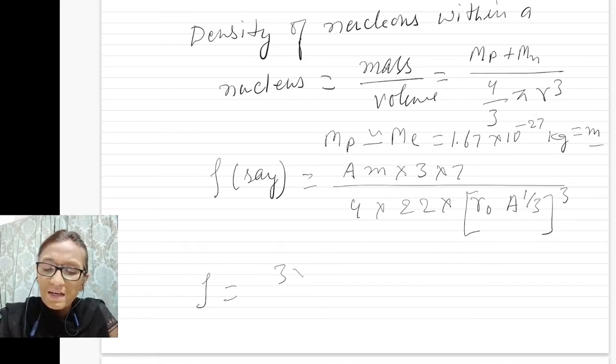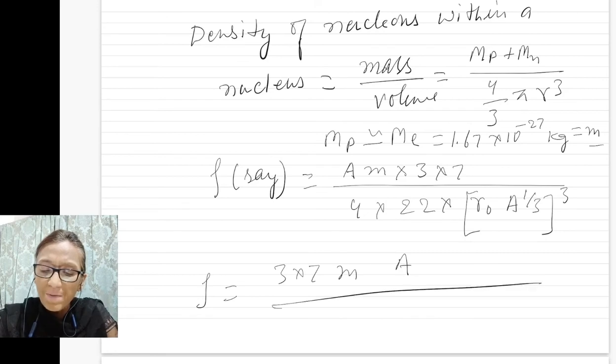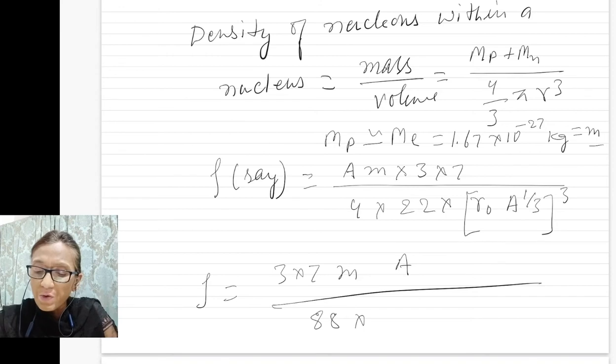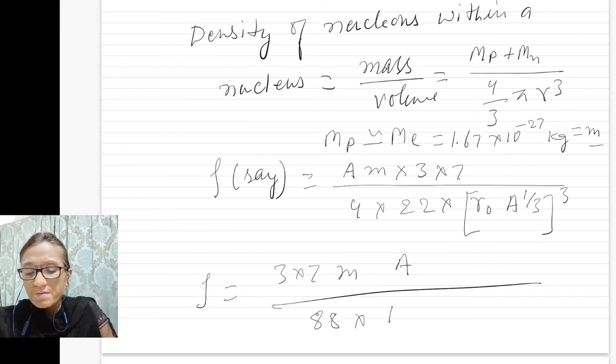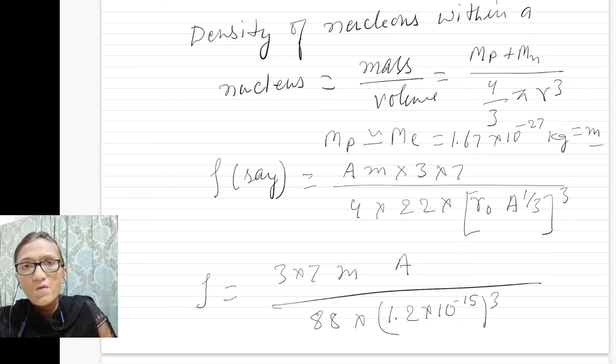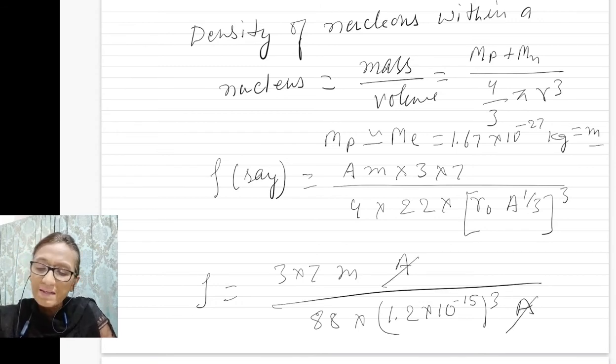So density comes equal to 3 into 7 into m A divided by 88 into R0, with value 1.2 into 10 to the power minus 15 whole cube, and A to the power 1/3 multiplied by 3, so it becomes A. You can cancel A from numerator and denominator.